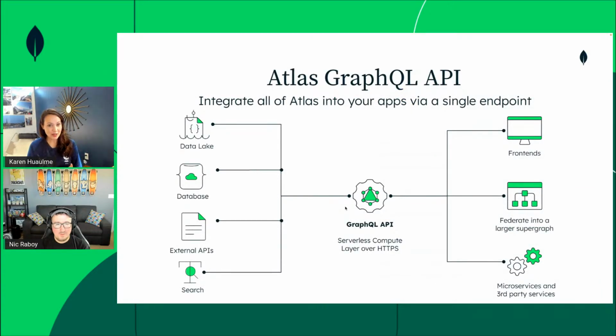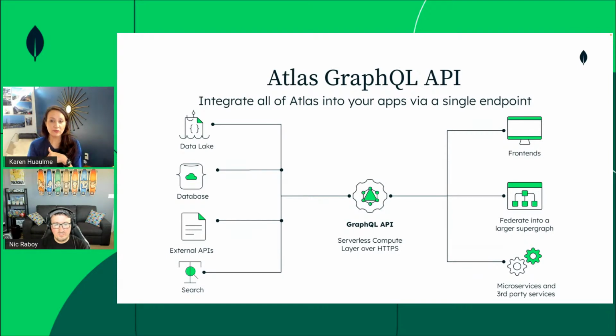In GraphQL, my favorite thing is that you can simplify the payload, but you can also combine lots of data from lots of different endpoints. You can do it from a data lake, from a database, from other databases, external APIs, custom resolvers, etc. Combine it in GraphQL, and then you can send that off to the front end or other systems that you want through the same GraphQL endpoint.